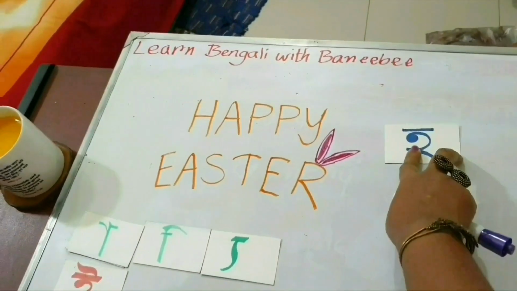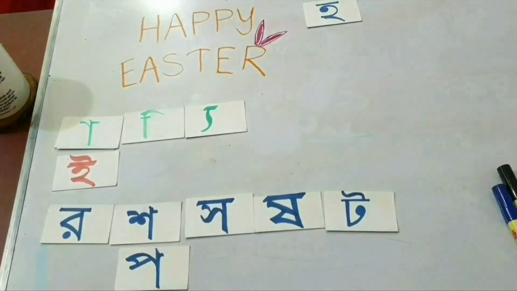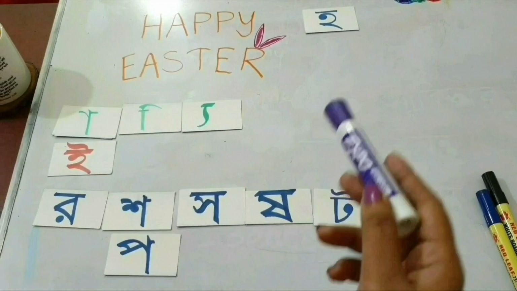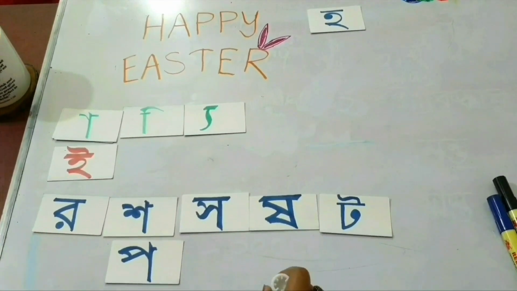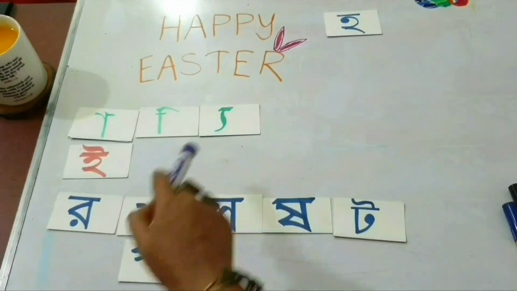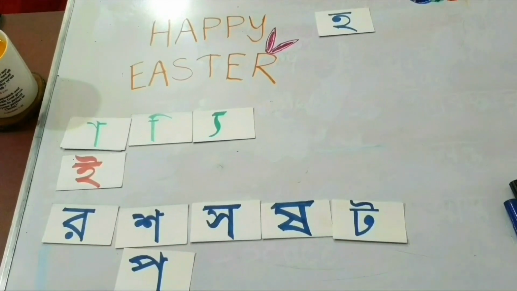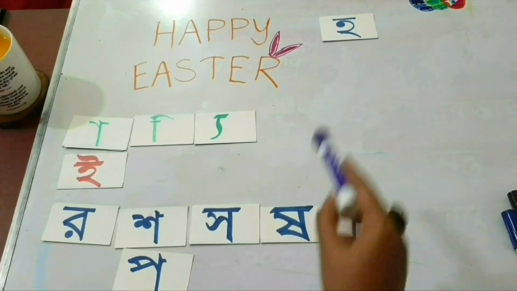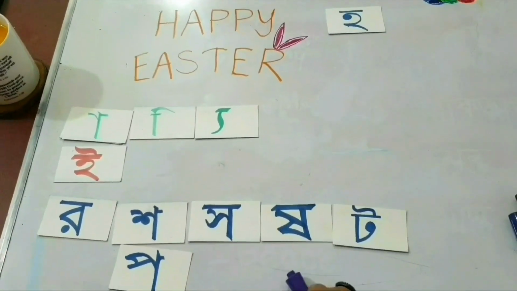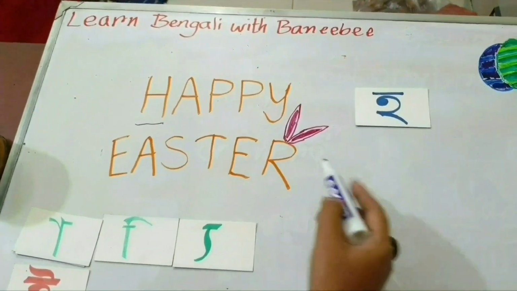Okay, I'll put it here, ha. Now one thing you must remember, I have said this in my previous video, that all the Bangla letters have an O ending. That's why it's ha, then this one is ra, sha, sha, sha, ta, pa, like that. So the ha is there, and now I have got this consonant here.